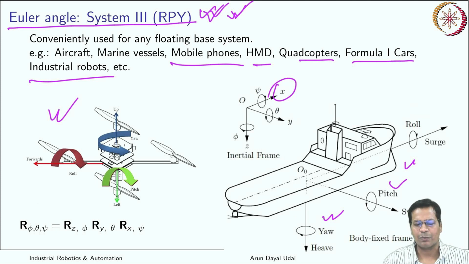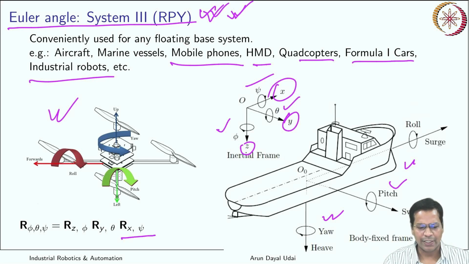Rotation about x-axis by an angle psi, y theta, z phi. 3 rotations are there, which is enough to express this. So rotation about x-axis, this time you will do pre y-axis and z-axis. 3 rotations are there. Okay.